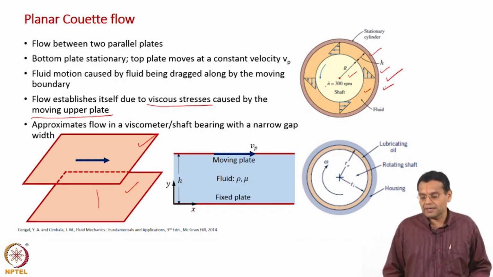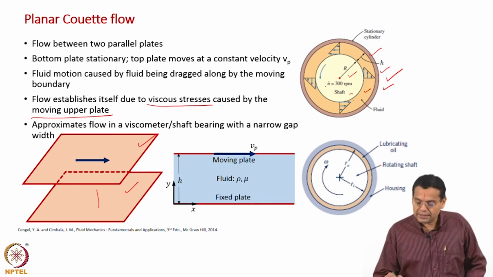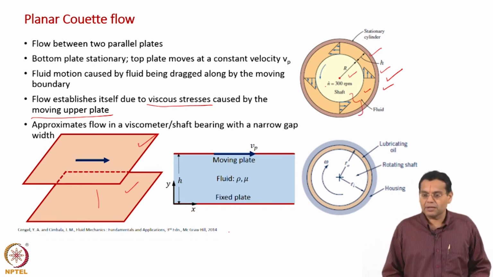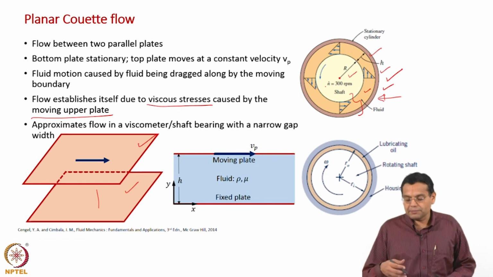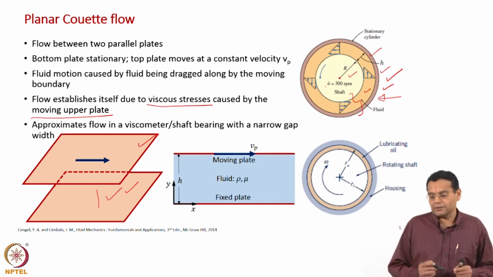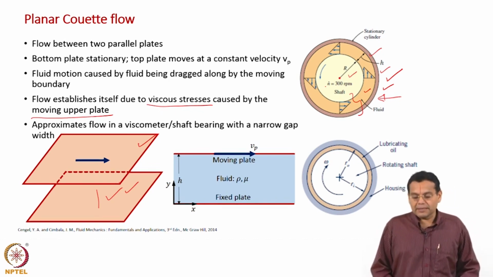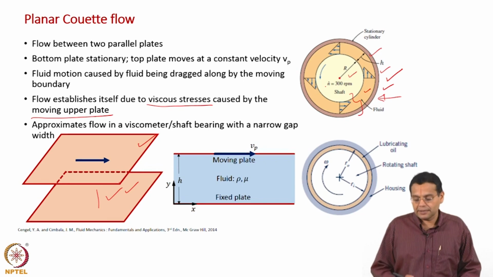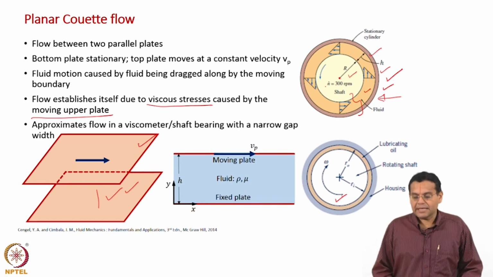When is it valid? It is valid when, as we already discussed, the gap between the two cylinders is very small. When the gap is very small, the flow between the two cylinders can be approximated to flow between two plates. That is the condition. That is in the field of instrumentation or measurement. What is the other example, more of an engineering application? The example shown here is a shaft bearing.